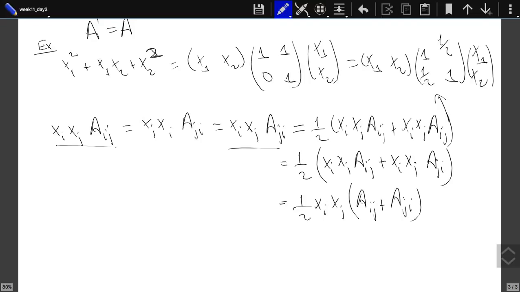And just like any symmetrical matrix, we can diagonalize our matrix A using an orthogonal transformation.